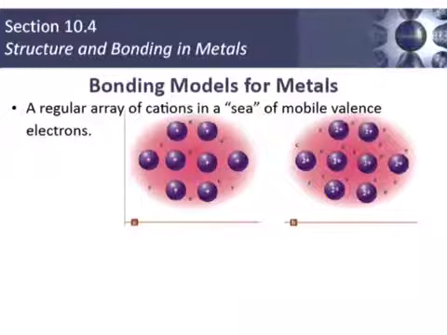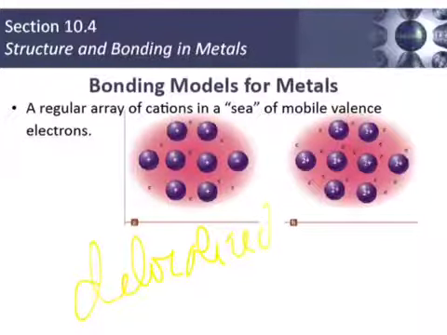So again, here you have your metals and your sea of mobile valence electrons, which we're going to say are delocalized electrons, and that gives us all those beautiful properties of metals. Questions? All right.